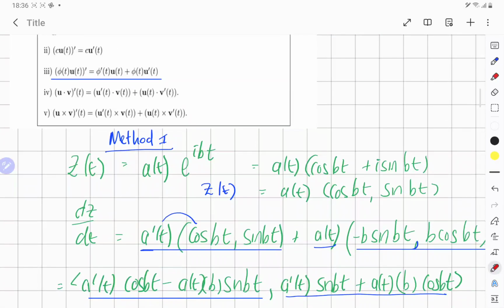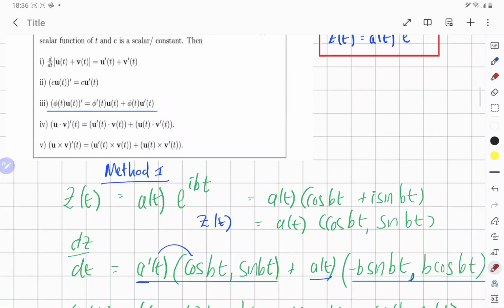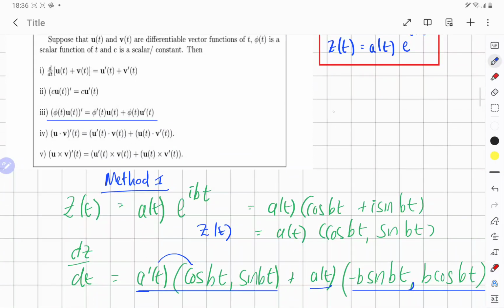Now, like I said here, if we have our curve in this form, and we need to get our derivative or our tangent vector, we can use two methods.